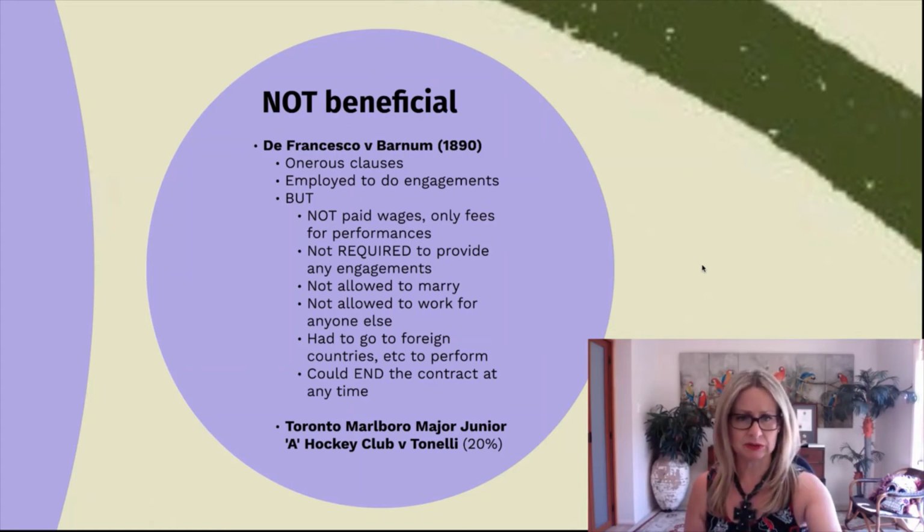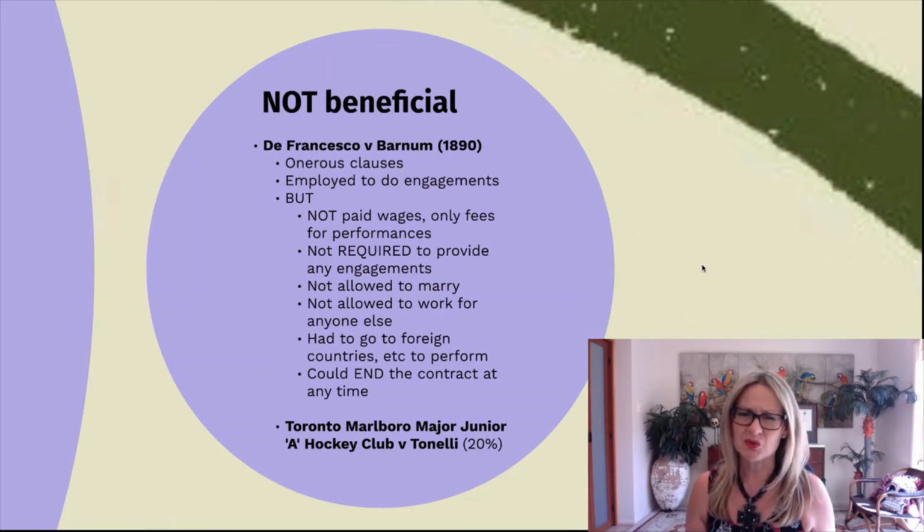So you can see there on the fourth bullet point, they weren't allowed to work for anybody else. So they basically had to be at De Francesco's beck and call, and they were only paid just for the performances that he asked them to render for him. So there was no wages scenario. They were just paid the fees for the actual engagements.